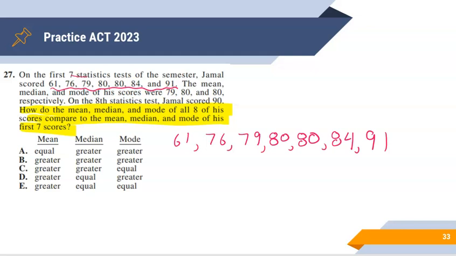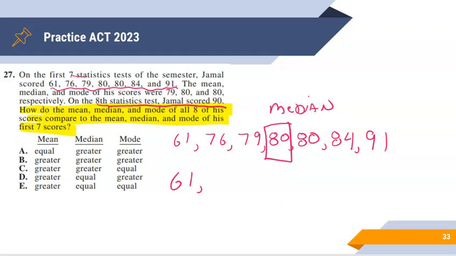Now in this case, the median is right here, the middle value. What they say is, on the 8th test, this person got a 90.